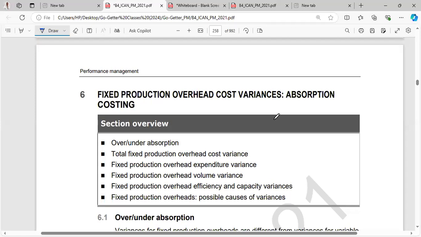In part 5, we will enter advanced variance, and we might call it part 5 or advanced variance part 1. Then in part 2 of advanced variance, we will go into solving ICAN past questions on advanced variances.